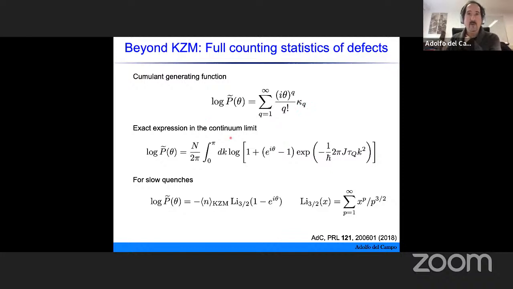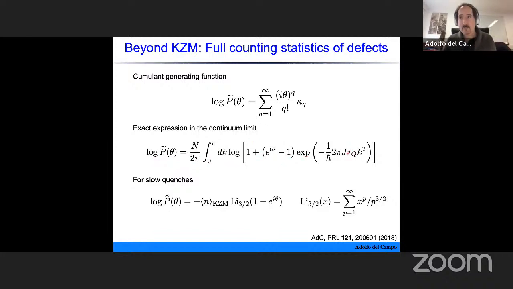Now, for quasi-free Fermi models, one can find this beautiful result, which is essentially exact. We just took the continuum limit and used the Landau-Zener formula to write down the cumulant generating function in closed form. This is still an integral, so we can simplify it a bit.